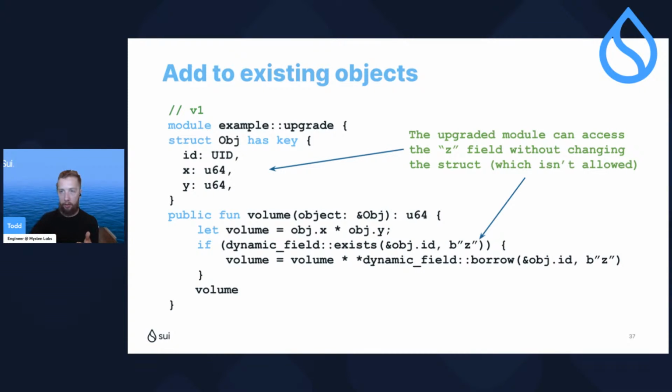You'd probably need some other function to actually add the field in the first place. It's not like magic in that way or anything. I just want to give you a flavor of the sort of patterns you might see.